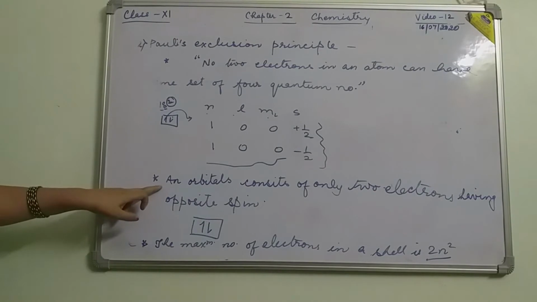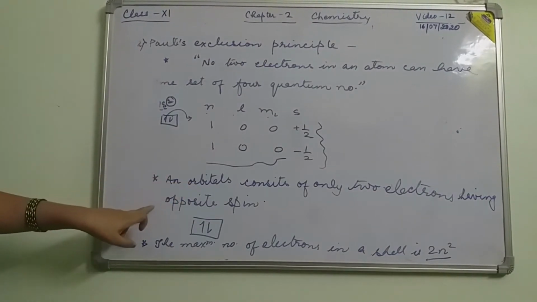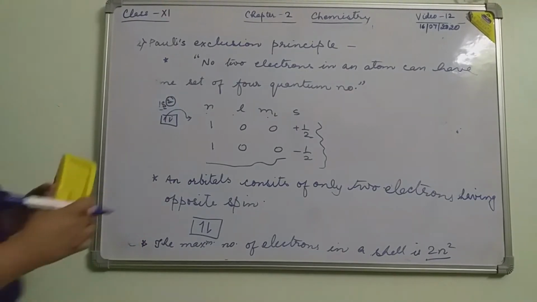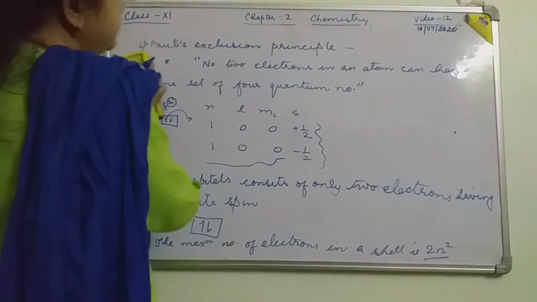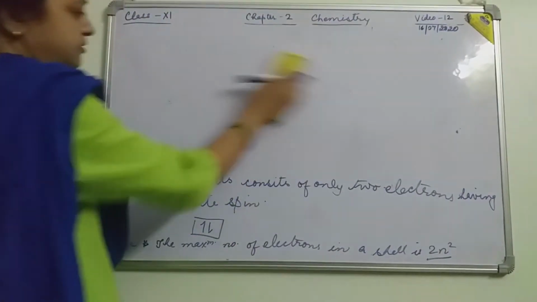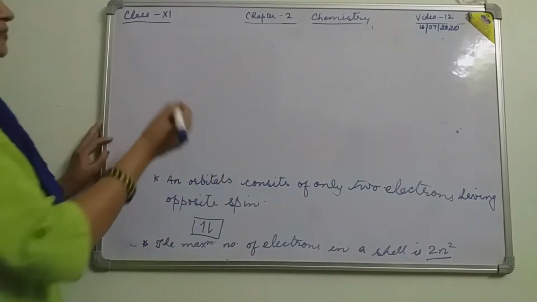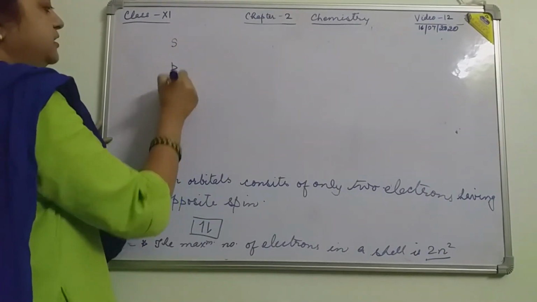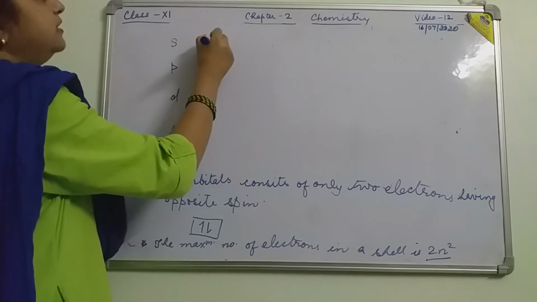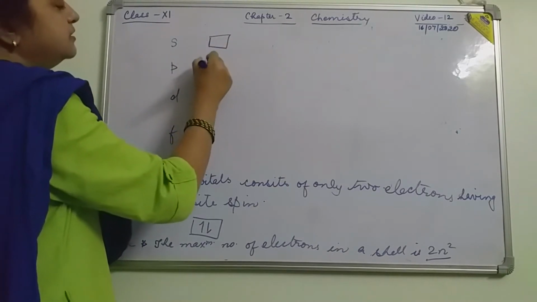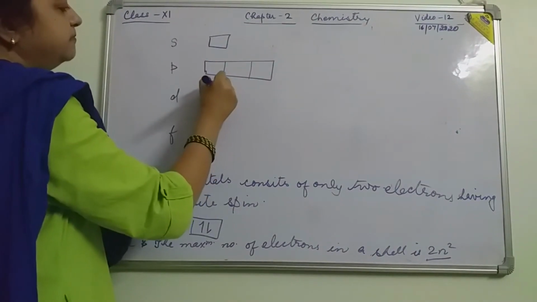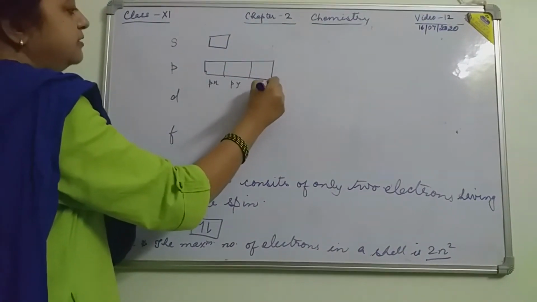Each orbital consists of 2 electrons having opposite spin. How many electrons do s orbitals contain according to Pauli's exclusion principle? S, P, D and F. We know that s has only one orbital, p has 3 orbitals, Px, Py and Pz.